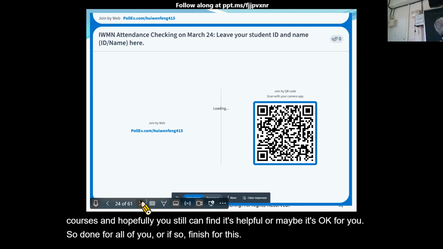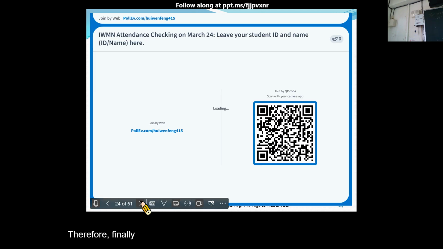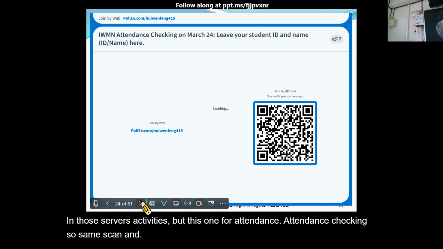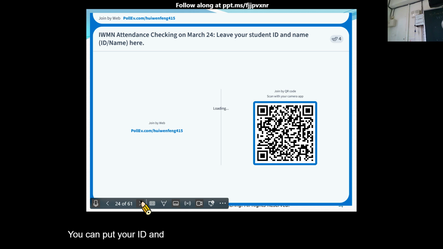Therefore, finally, this one, it's a different one. Previously, I used those to serve as the activities, but this one is for attendance checking. So same scan, and you can put your ID and the name everywhere. Okay, go and finish this.